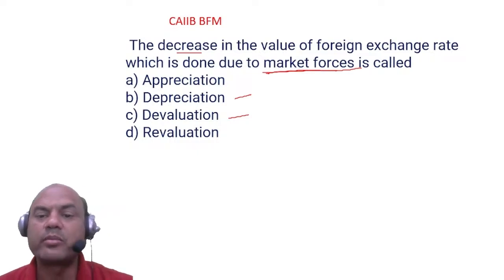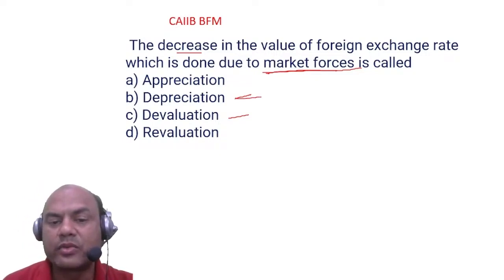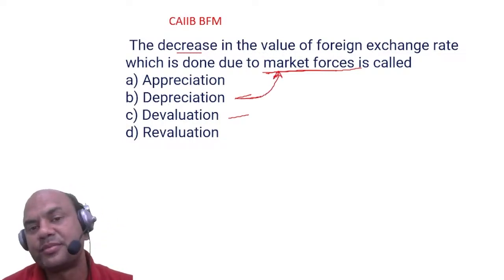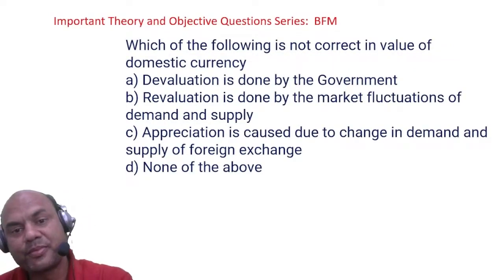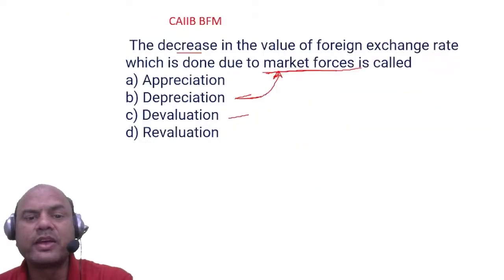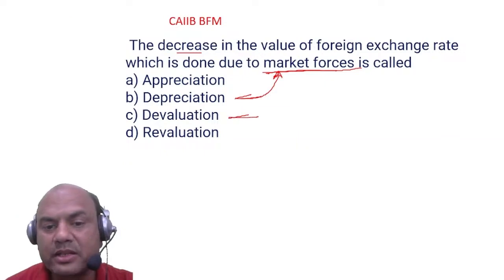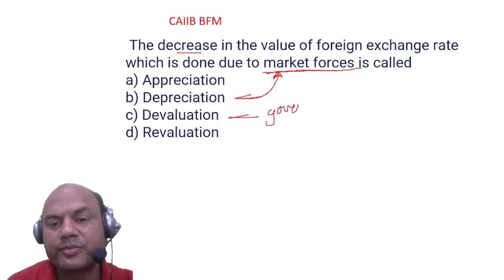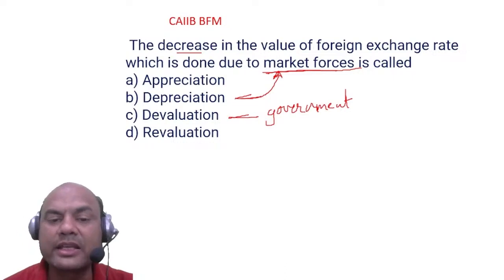See here, whenever market forces do anything, it is called as depreciation. Market forces. Okay, I'll mark this over here. And devaluation is done when? If it is done due to the government pressure, government interference, if it is done by the government, in that case it is called as devaluation.